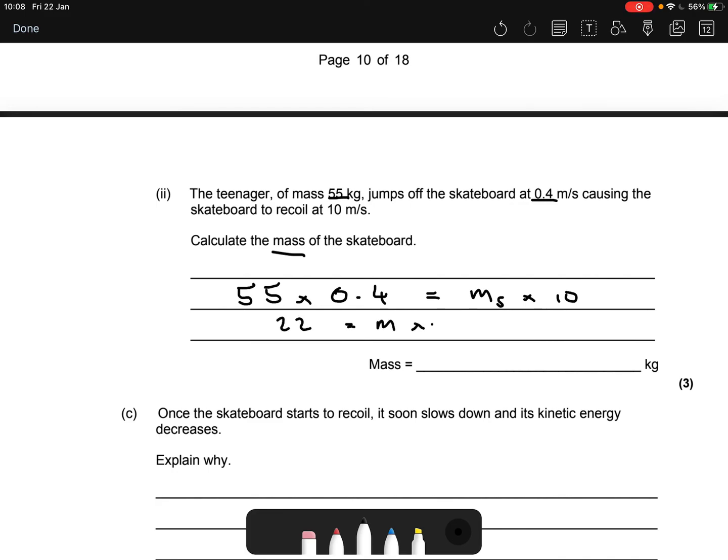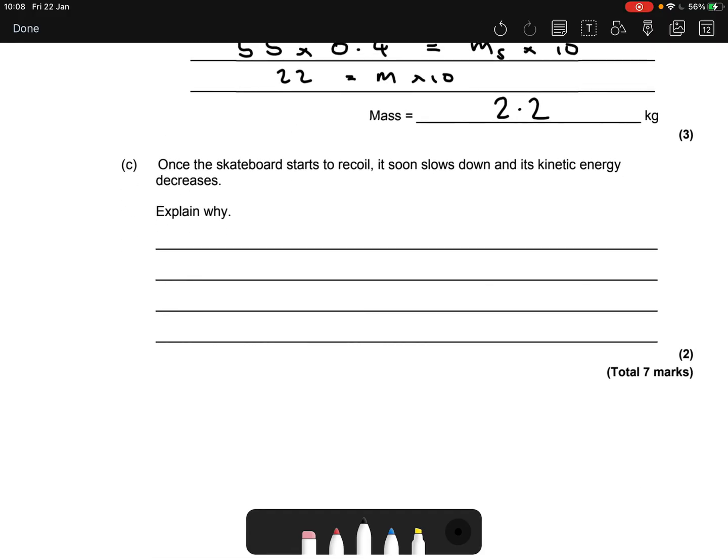So we've got 22 equals m times 10. Divide through by 10 and we get mass equals 2.2 kilograms.